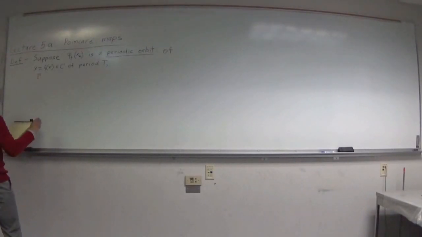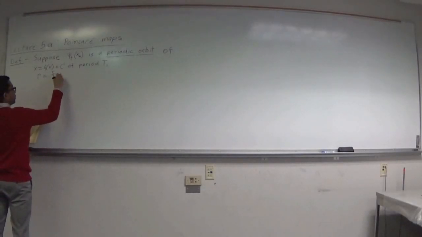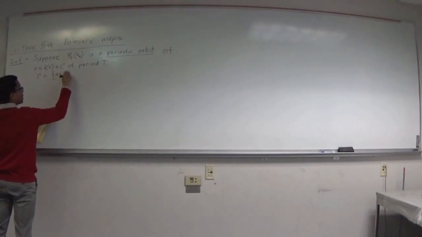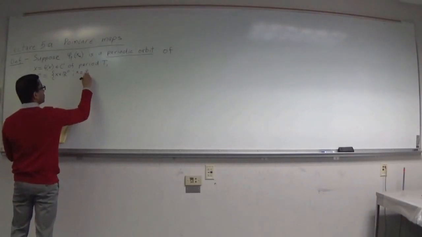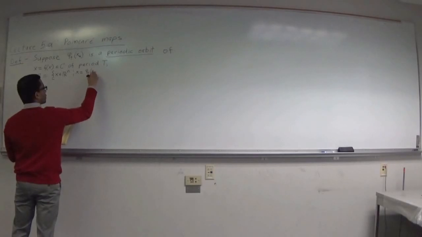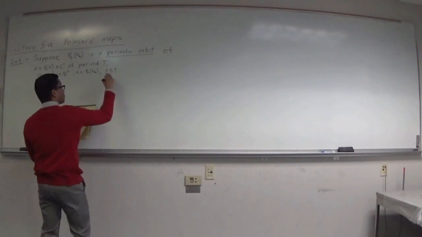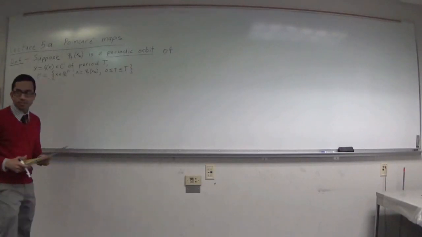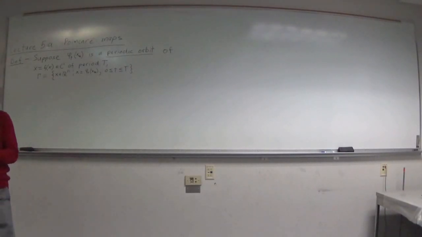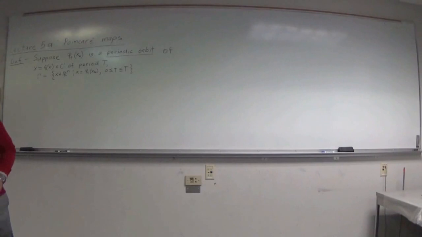We're going to call this periodic orbit gamma, and we write it as all points x in Rn such that x equals phi t of x star, with the parameter t going from 0 to big T. That's how we write this definition in set notation. You don't have to be too used to set notation, but if you do more math, you'll get used to it at some point. That's what we're going to call a periodic orbit.